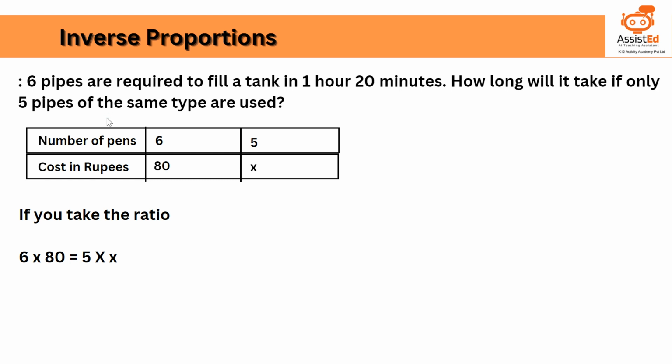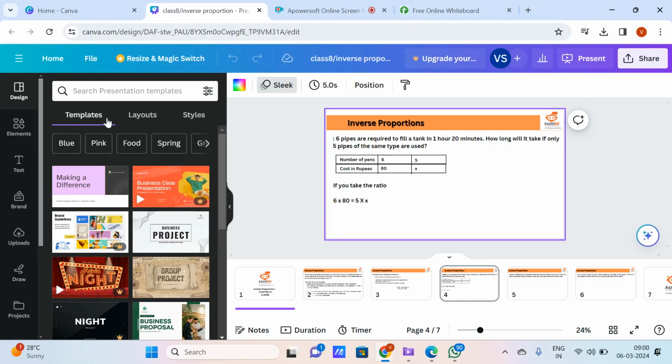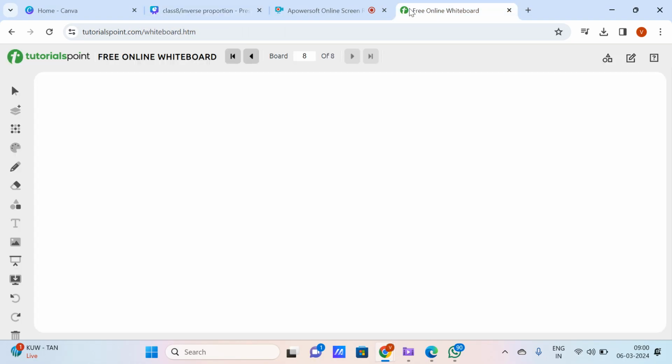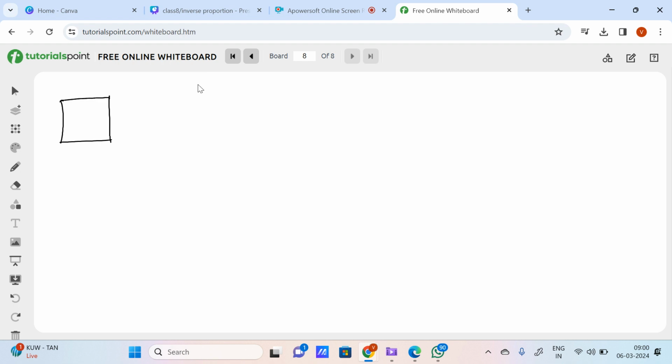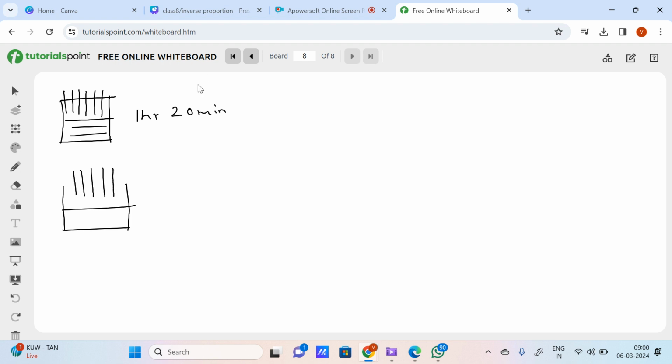If I visualize it, say I have a tank over here, and I have 1, 2, 3, 4, 5, and 6 pipes, and the water takes 1 hour 20 minutes to fill. Now, what happens if I reduce one pipe and have only 5 pipes? 1, 2, 3, 4, 5.